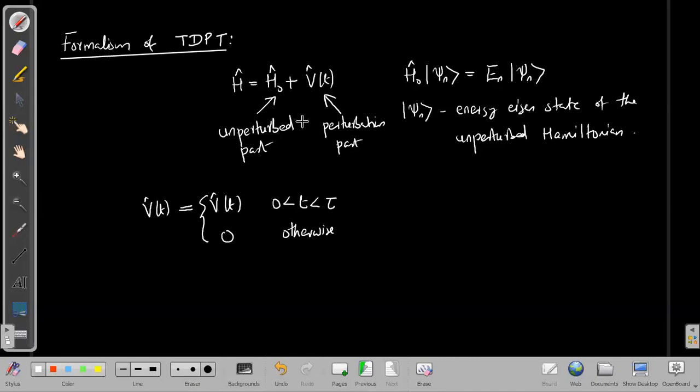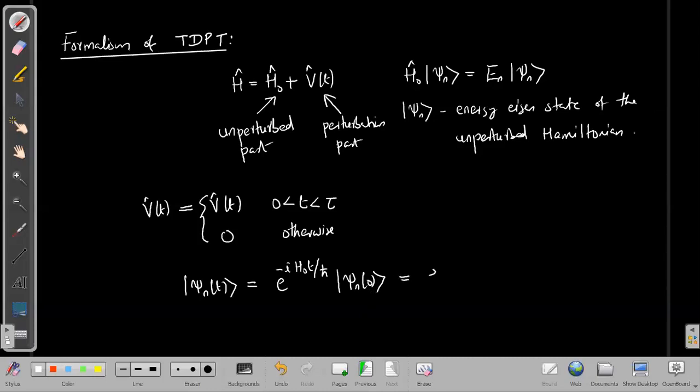Okay, so that means the state of the system will remain the same forever if there is no perturbation, and that is well known to us, because if psi n are the energy eigenstates, what about the time evolution for the energy eigenstate, the psi n of t? I can write it, according to the Schrodinger picture, as e raised to minus i H0 t by h cross psi n at time 0.